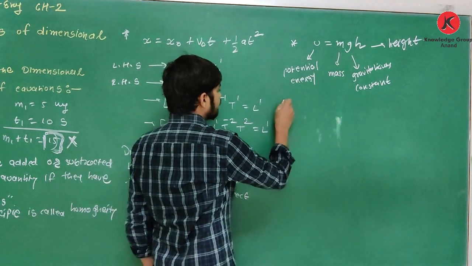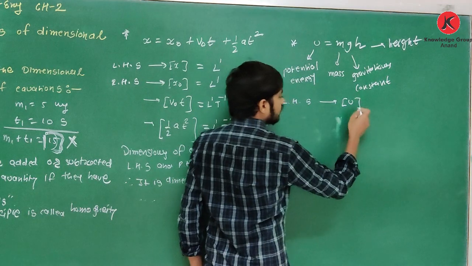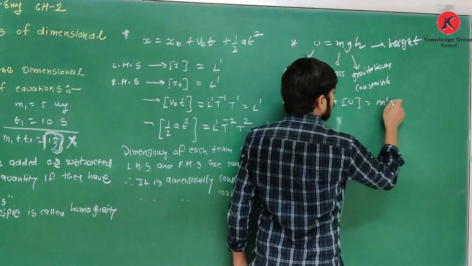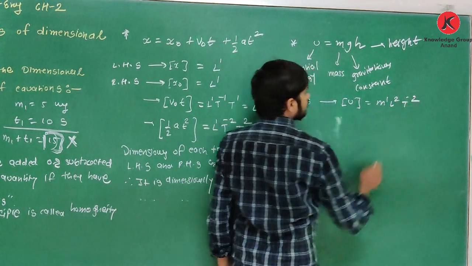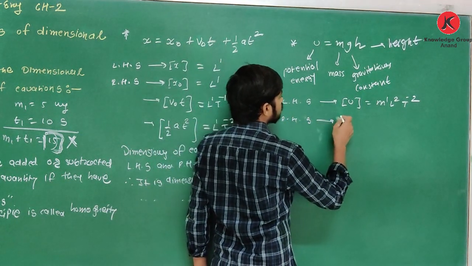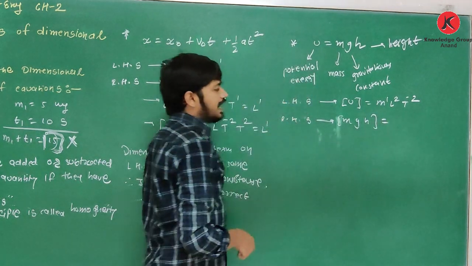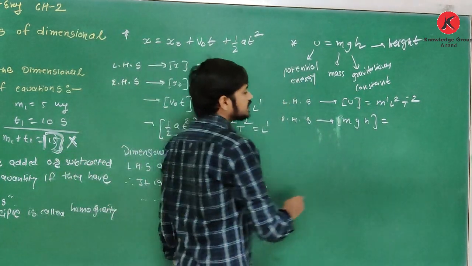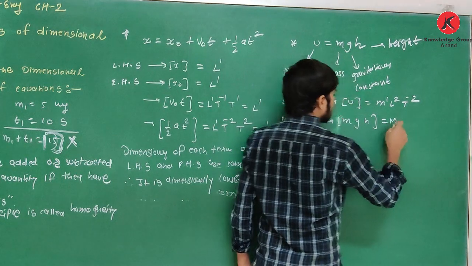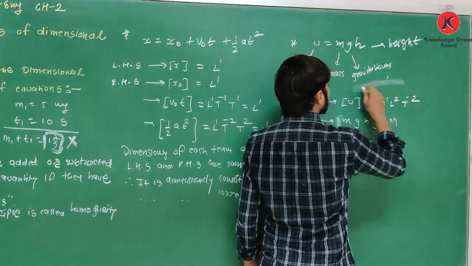Left hand side we have U, that is potential energy. Its dimensional formula is M1 L2 T minus 2. Right hand side we have mgh. M, that is mass, its dimensional formula is M. G, gravitational acceleration.